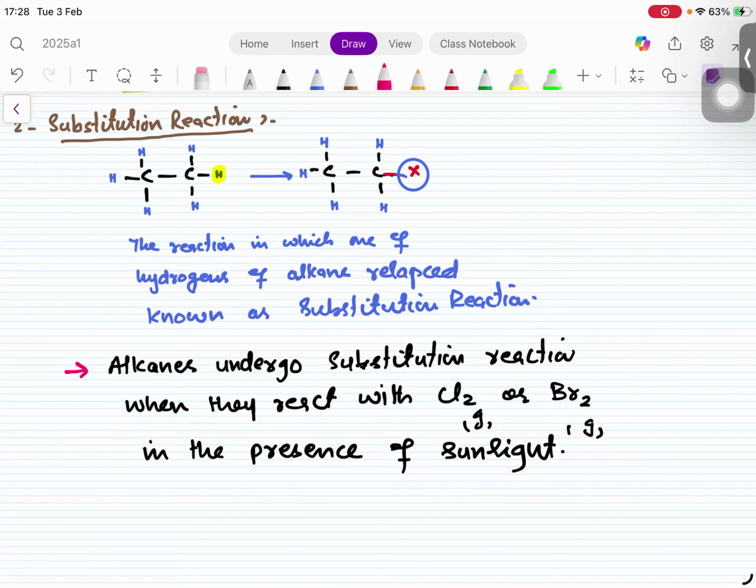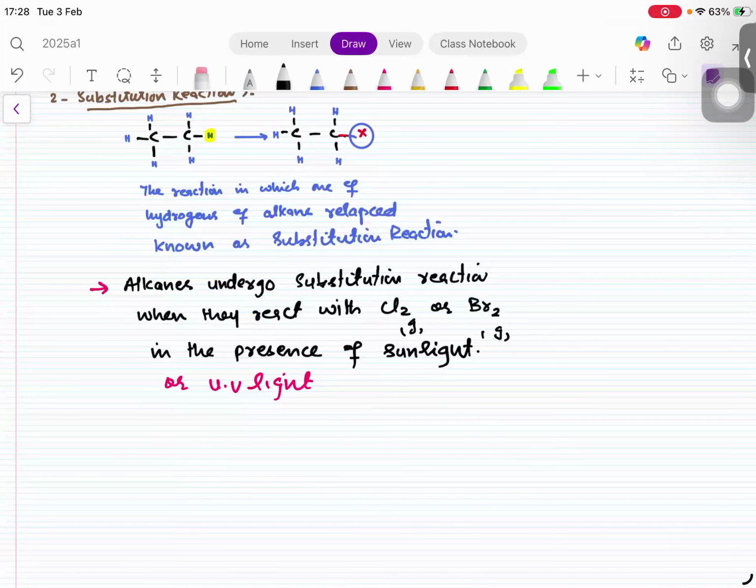So alkanes undergo substitution reaction when they react with chlorine and bromine in the presence of sunlight or ultraviolet light. Now what happens in detail? For example, let's say we have methane. There are 4 hydrogens.